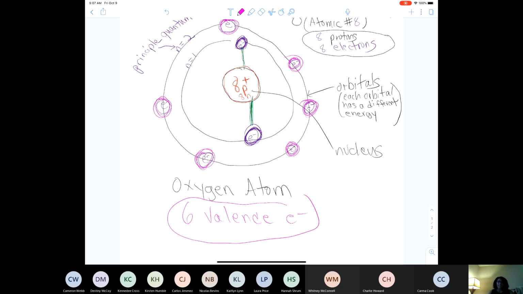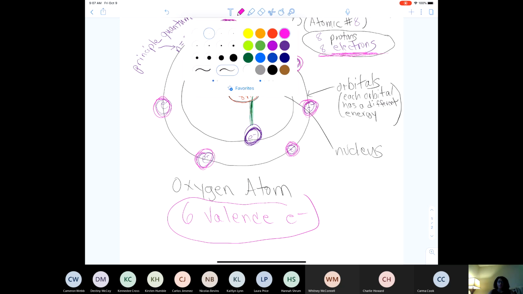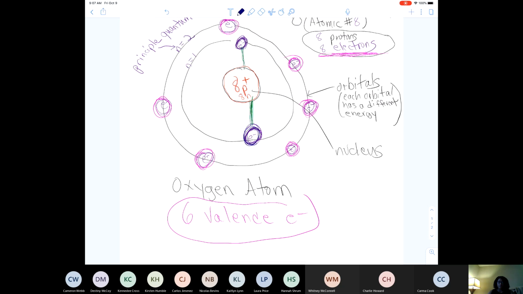So those are the 6 valence electrons. The other 2 electrons, there are 8 total, the other 2 are inner electrons. So oxygen has the ability to share 6 electrons.